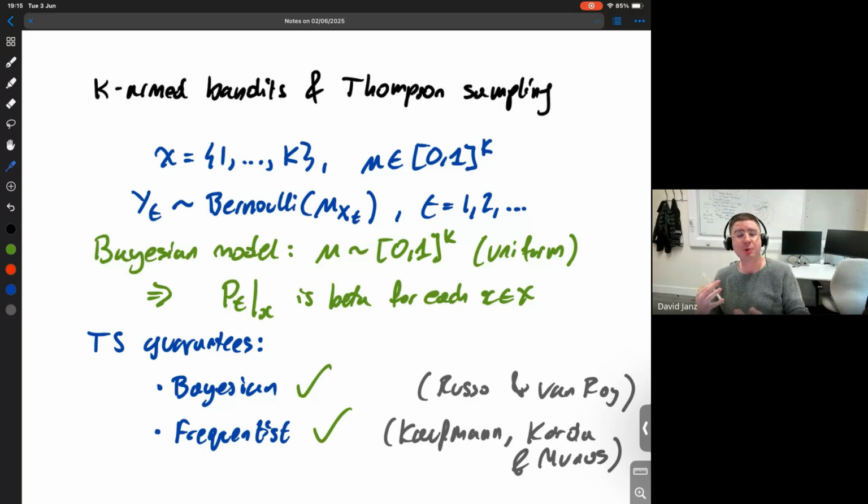And the important thing is here, we've arbitrarily chosen this uniform distribution. It's intuitive, it's conjugate in that we get this beta distribution as the posterior. And it works. You get a Bayesian guarantee that must be optimal because the frequentist guarantee that you get for this is also optimal. Frequentist guarantee meaning that this works no matter the choice of mu, even if it's fixed, not random.